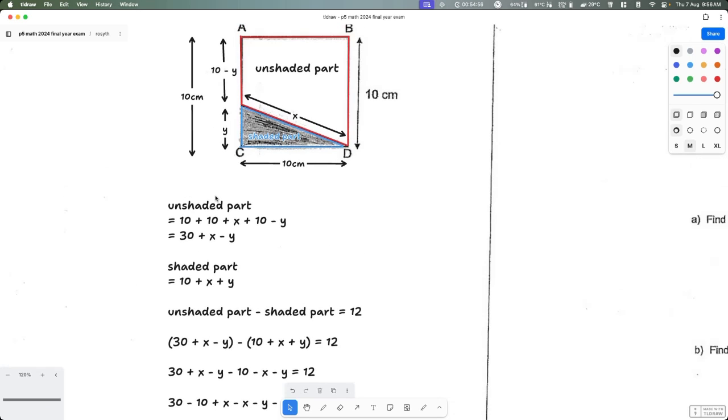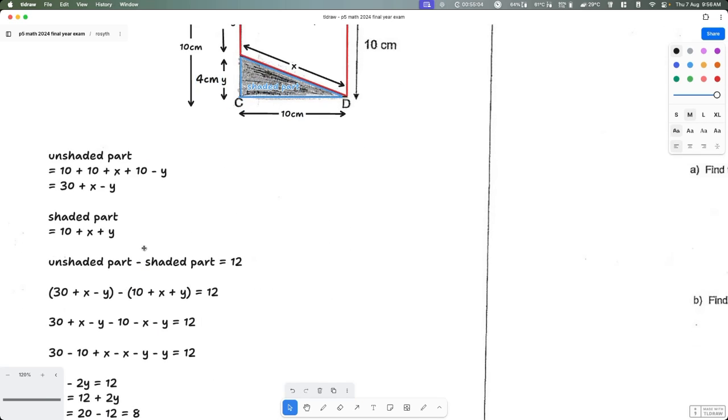So now we know that this y over here is 4 centimeters as well. The next part is the shaded part. The area of the shaded part is equal to half times base times height.